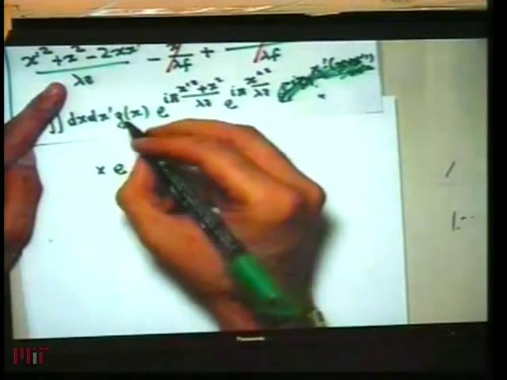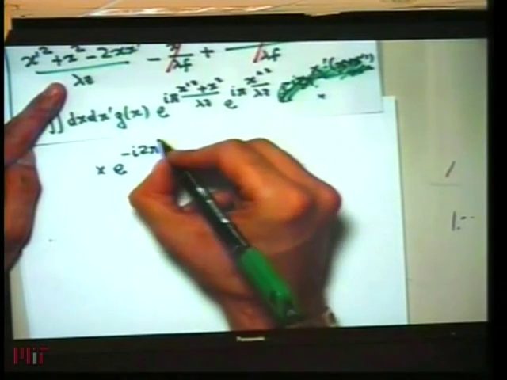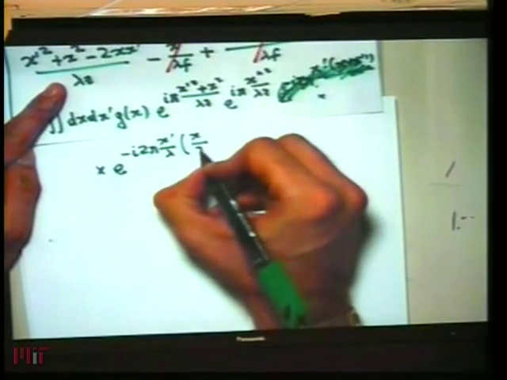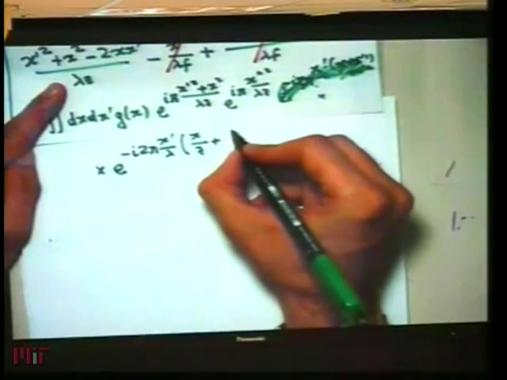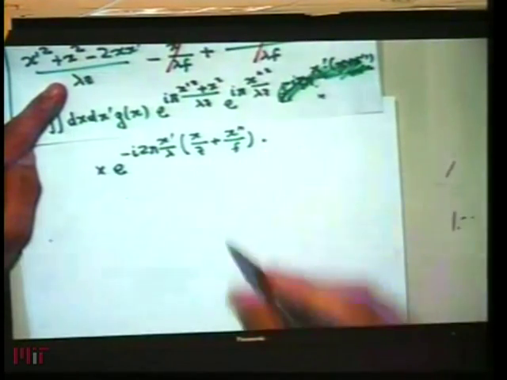Let me do it carefully. So I have e to the minus I 2 pi x prime upon lambda, that's common in the two exponents. Inside I have x upon z plus x double prime upon f. So what should I do next?